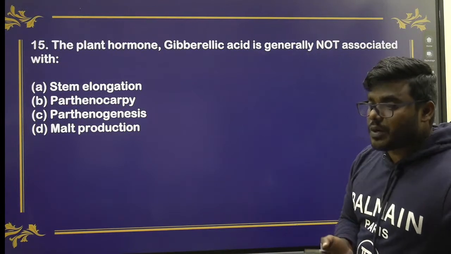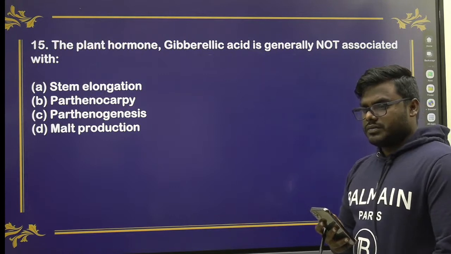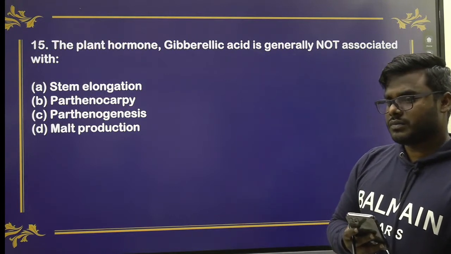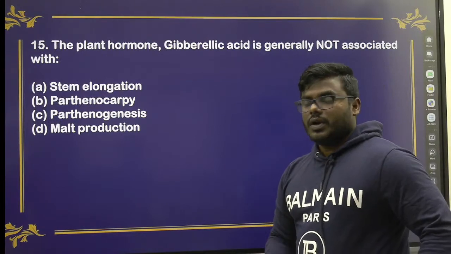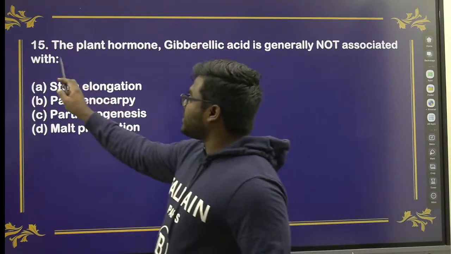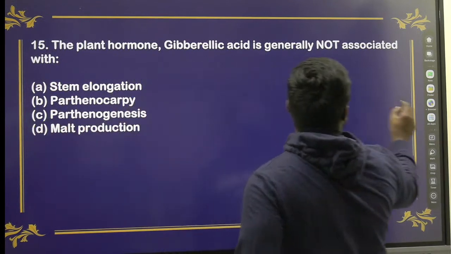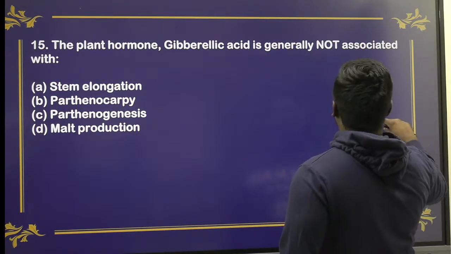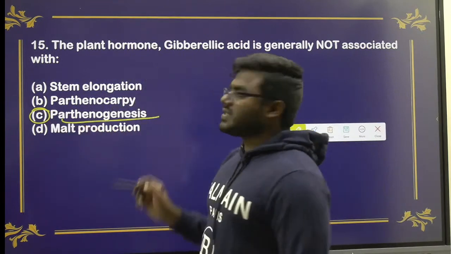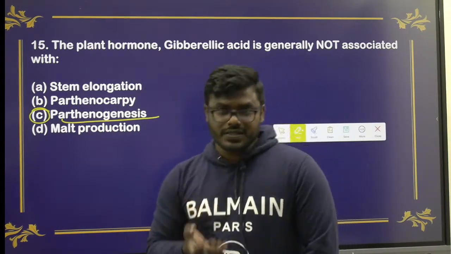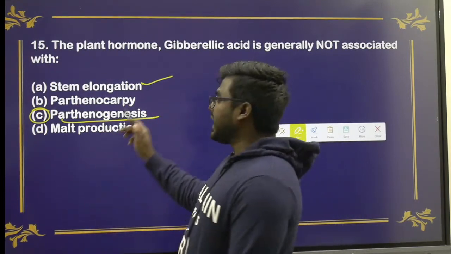Stop. Question number 15. The answer for question number 15 will be option C. Option C will be the answer. Parthenogenesis. Friends, gibberellic acid is the major one involved in stem elongation.